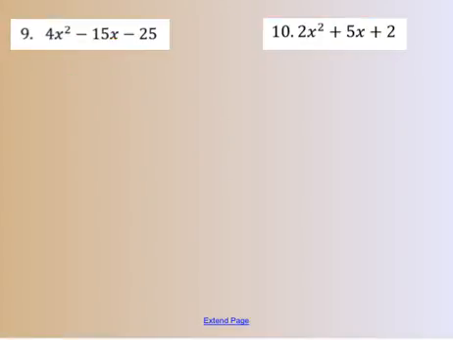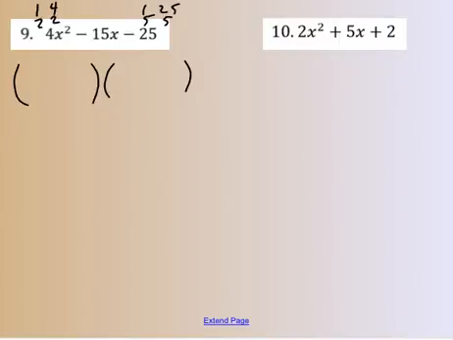Last two, I believe. So I got a couple things. I got 1 and 4, 2 and 2, and then 1 and 25, and 5 and 5. I have no idea. Let me look. 2 and 5? To get what? That'd be 10.